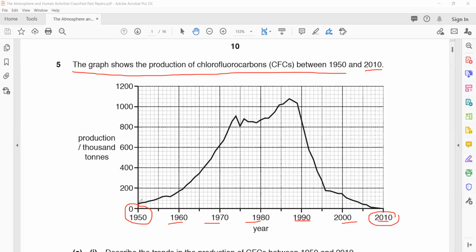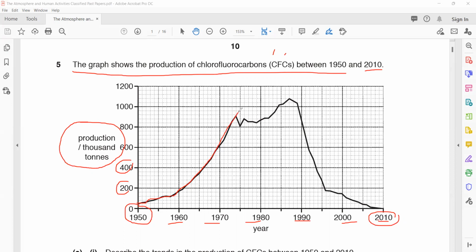On this side of the graph is the production, in thousand tons: this is 200,000 tons, this is 400,000 tons, and this is 600,000 tons, the production of chlorofluorocarbons, CFCs. In the beginning it's increasing, and then here the increase is rapid because the line becomes steeper. You can see this area here.